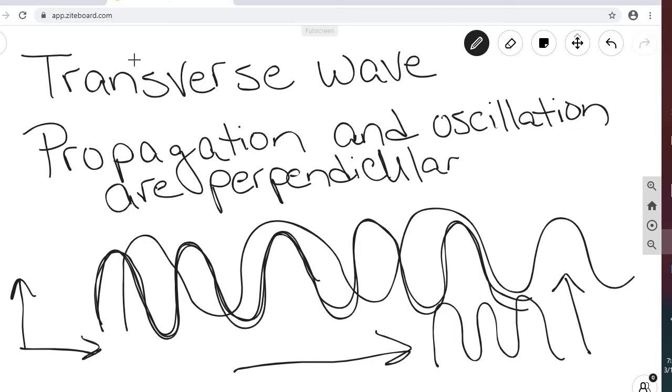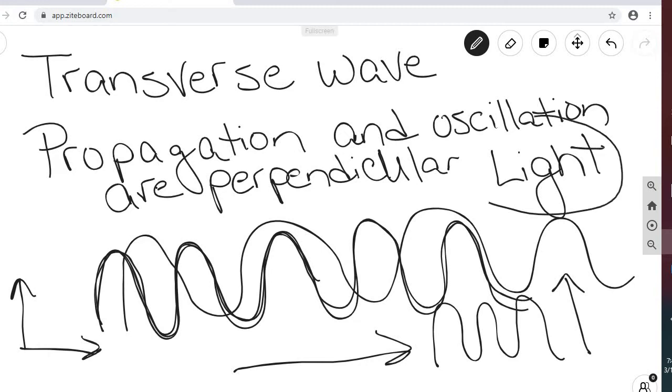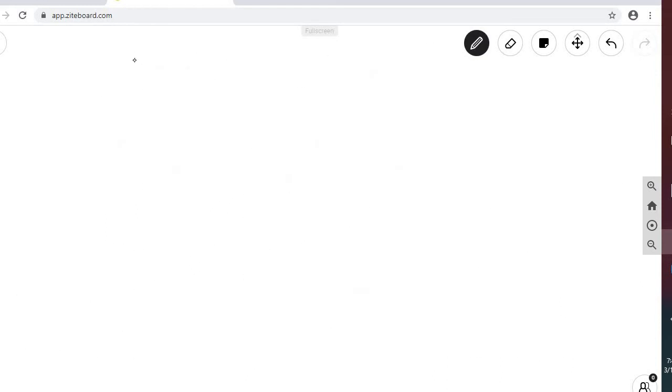So that is called a transverse wave. Besides the waves in the ocean, light is another example of a transverse wave, and we'll look at that in Module 15. And the other type of wave is a longitudinal wave.